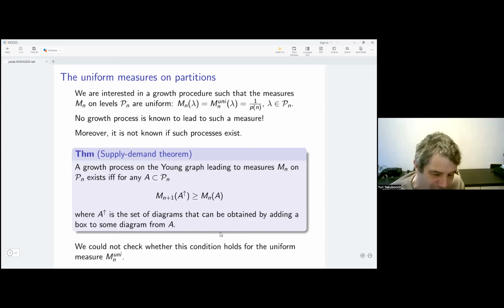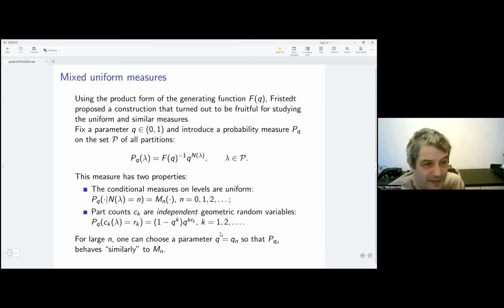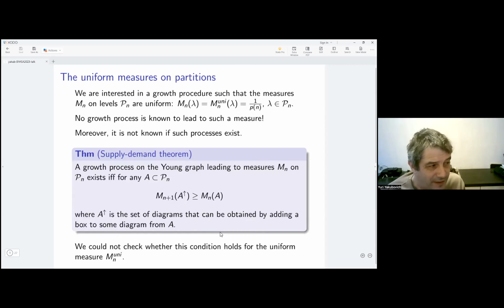I still do not know if we can construct a procedure of the type I described before. This led to the idea of a different type of growth of Young diagrams.